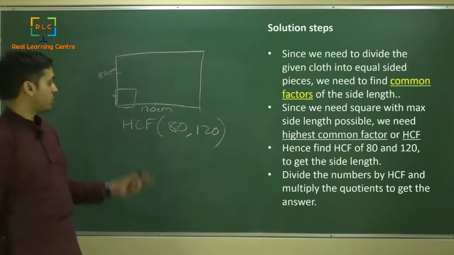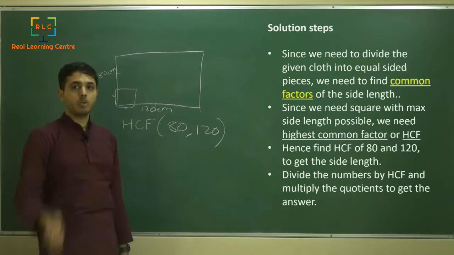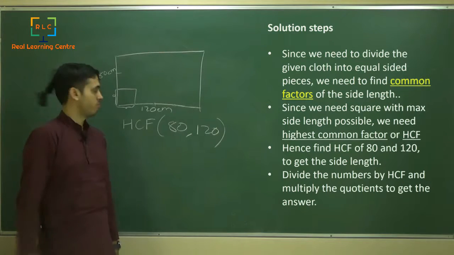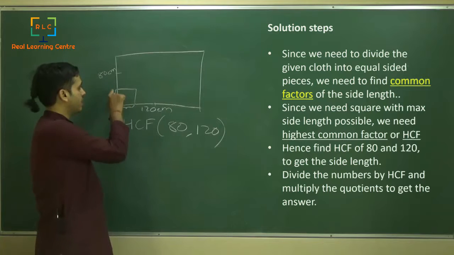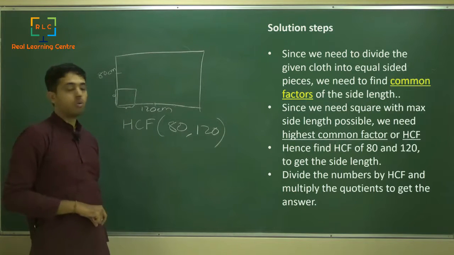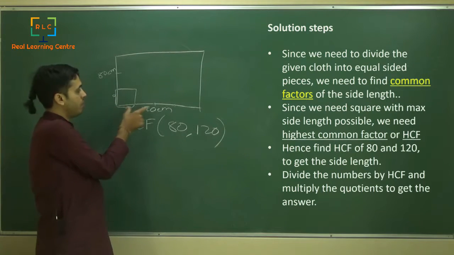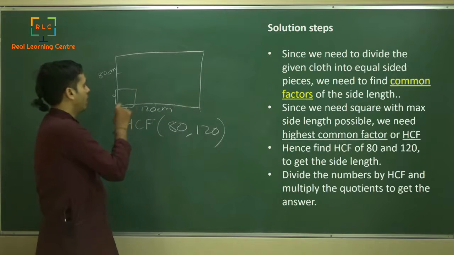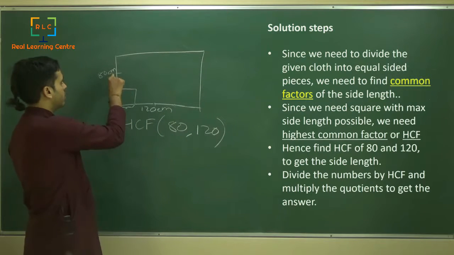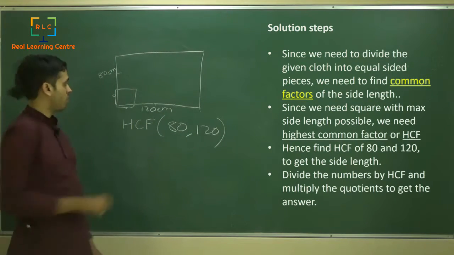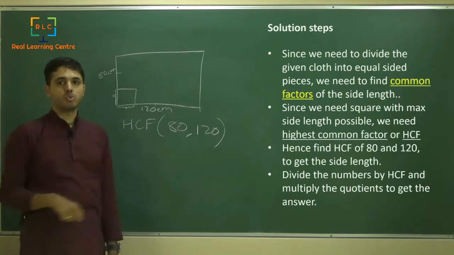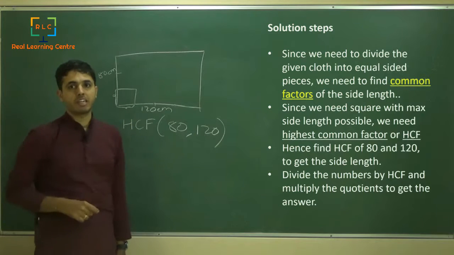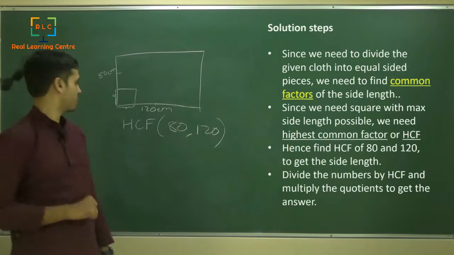Once you obtain the HCF, you will get the side length, and having got the side length, I know how many sides are here and how many sides are here. Once you find the number of sides here and the number of sides here, I can multiply those two to get the total number of handkerchiefs. How to do it, I will explain.